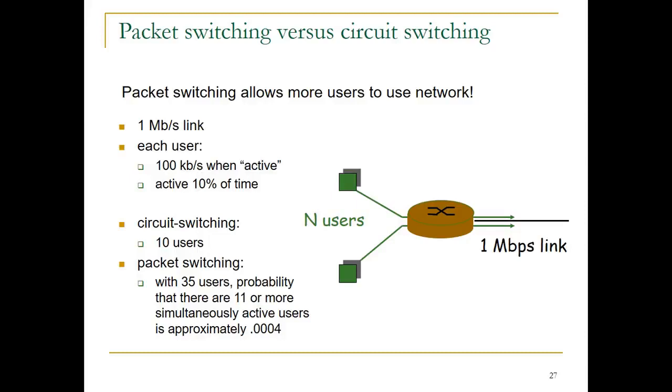Okay, so let's look at the variation between packet switching and circuit switching. Packet switching allows more users to use the network, whereas circuit switching does not support that because of how it allocates a dedicated path and dedicated frequency for a given transmission, especially if it's using frequency division multiplexing for calls.